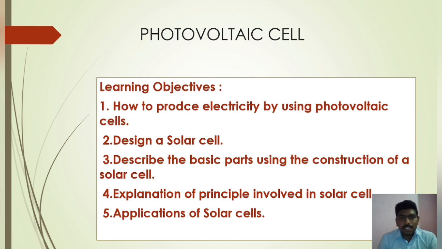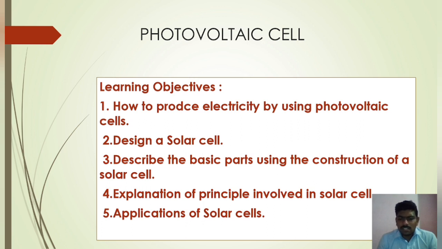While studying the photovoltaic cell, these are the learning objectives. Firstly, how to produce electricity by using a photovoltaic cell, how these cells generate electricity and how it is made available for use, and also how to design a solar cell. Then the basic parts used in the construction of a solar cell, and the principle involved in a solar cell.